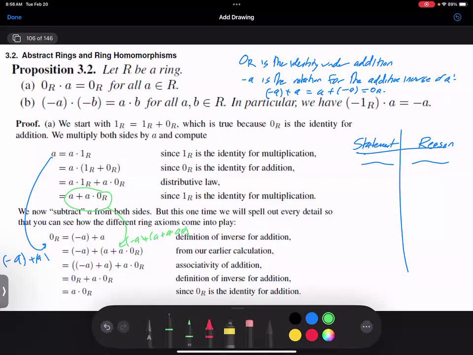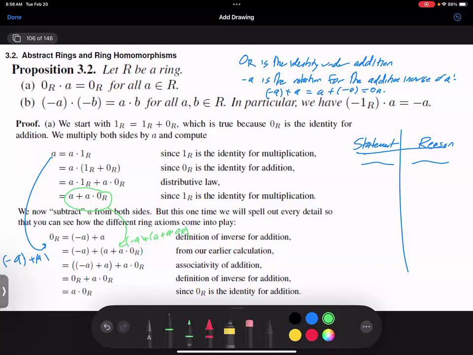And now what we do is we use the associativity of addition. And now we have lots of parentheses. We have the sum of negative a plus a times 0_R. And negative a plus a, that is 0_R, because this is now just adding a number and its additive inverse, so we get the additive identity. And so now we get 0_R plus a times 0_R.